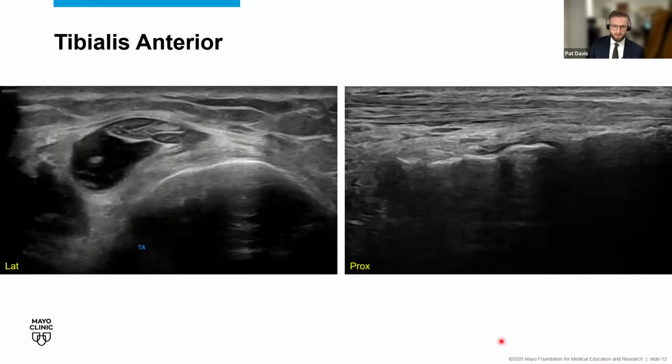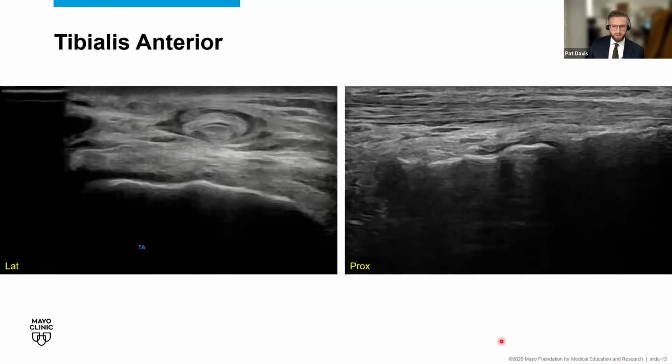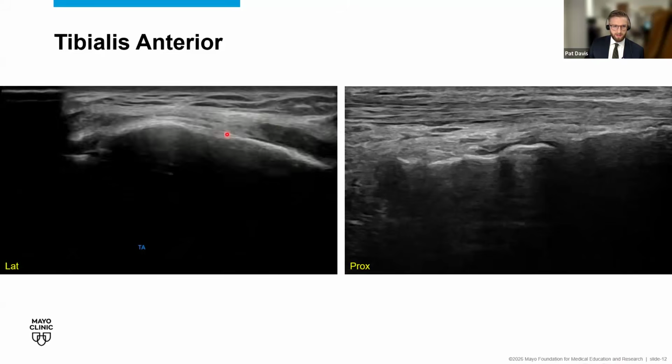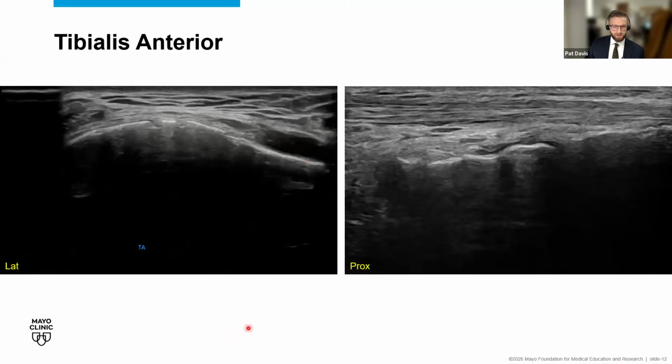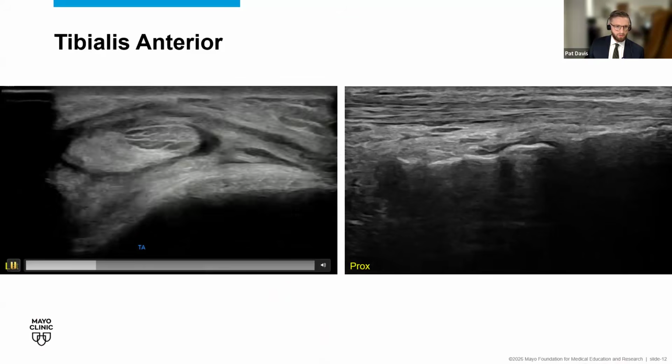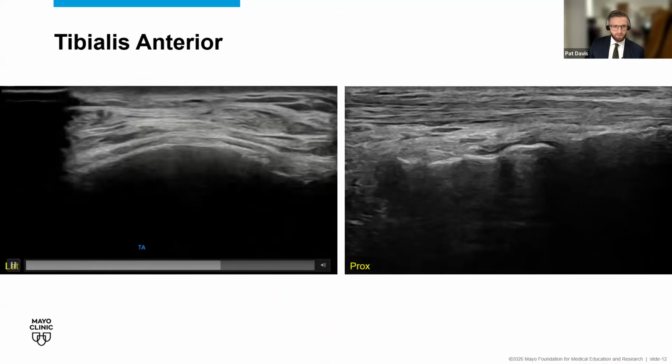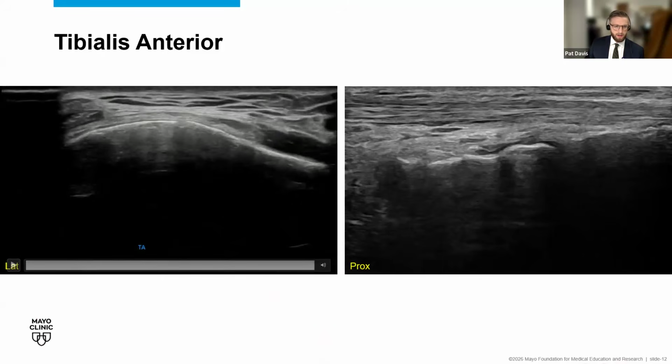So here on the image on the left, we see a short axis evaluating the tendon, sweeping down and ultimately going to its insertion at the base of the first metatarsal. Now, you'll note within this sweep that the tendon does become somewhat hypoechoic going down, and more care should be taken to tilt and wag and to keep that tendon hyperechoic as you're evaluating it through the anterior ankle.